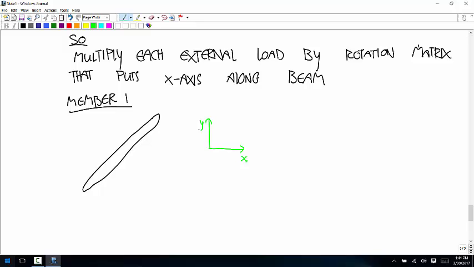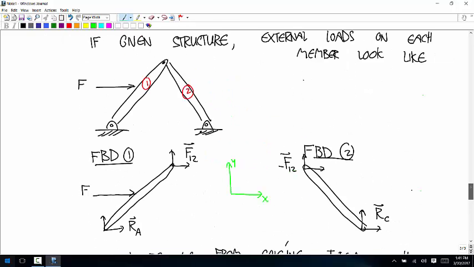We want, if my thumb is the x-axis, we just want the x-axis to point like that. So we want a rotation matrix that goes from this to this. Let's say this is equilateral, so these are all 60 degrees.